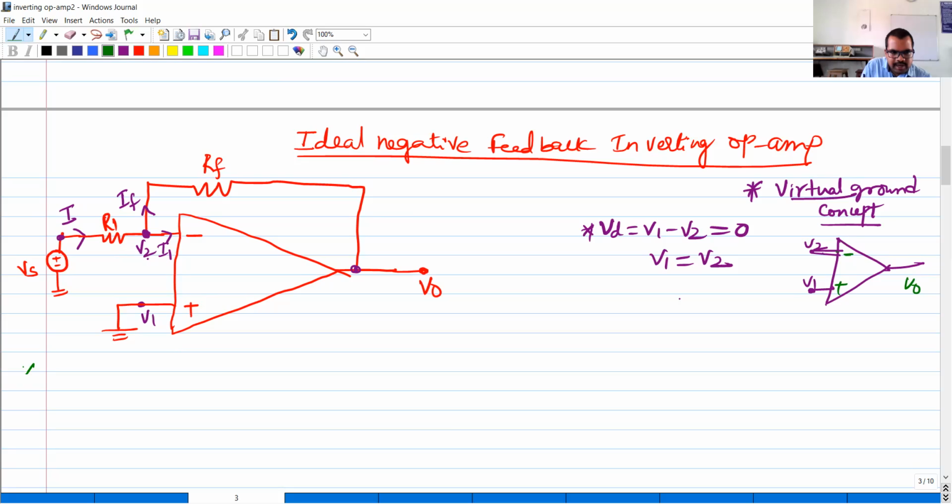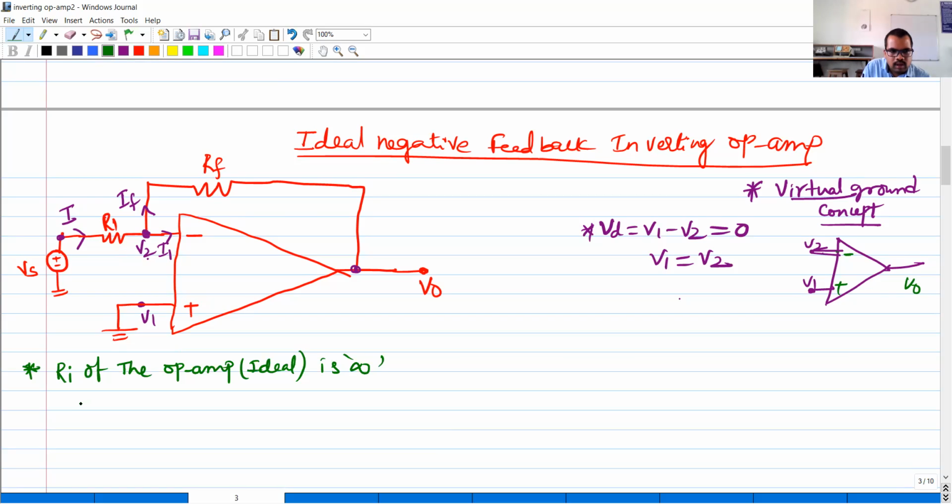The first important point we have to know is that Ri of the ideal operational amplifier is infinite, because current doesn't flow through infinite impedance or resistance.